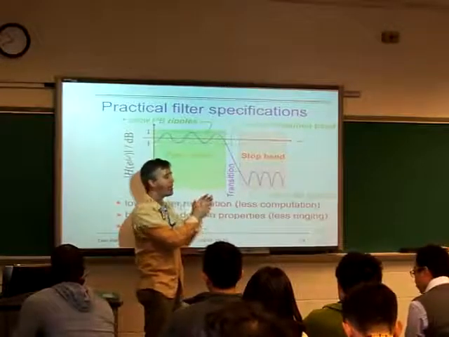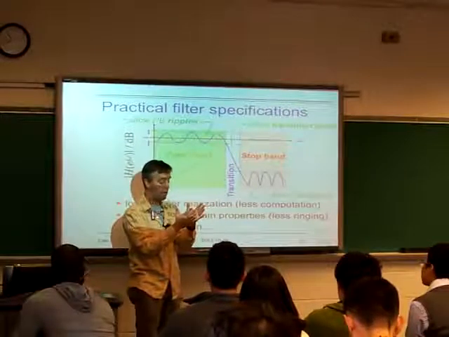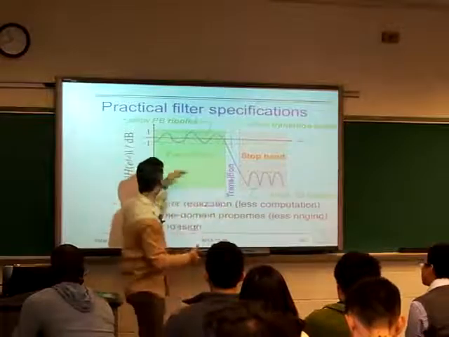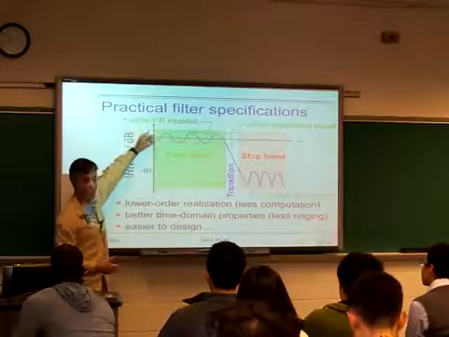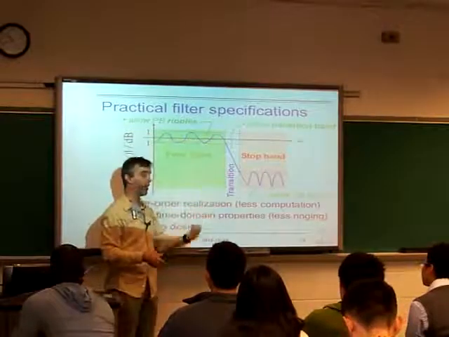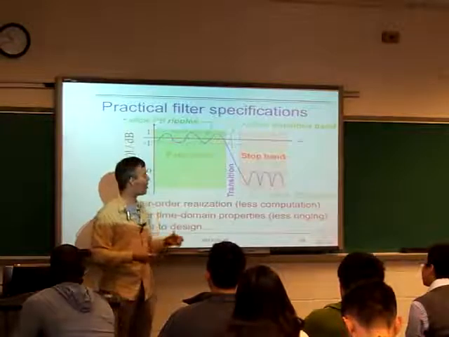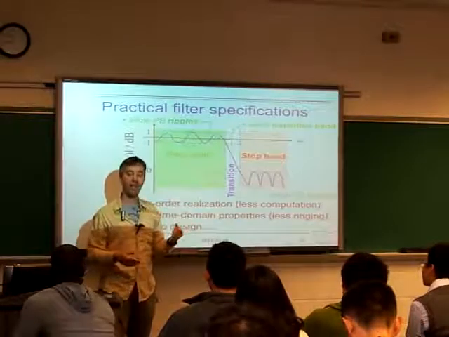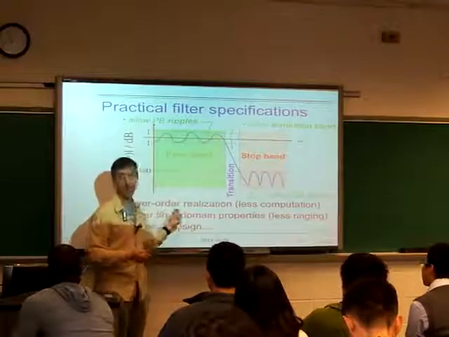But what happens is, if you have a design procedure, then often you can try and set this minimum rejection to be as low as you like, this ripple to be as narrow as you like, and this transition band to be as small as you like. But if you try and make all of those things better at once, one of the things that's going to come out of your design procedure is the order of the filter, how expensive the filter is going to be, and it's going to get more expensive.